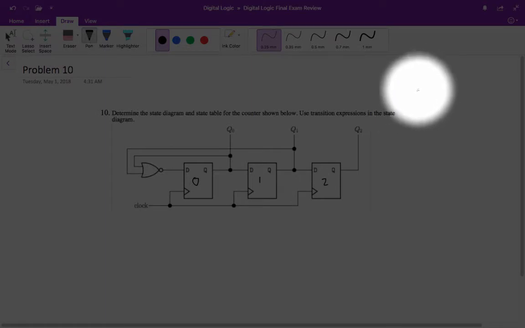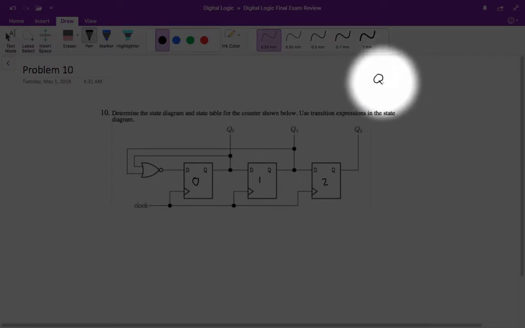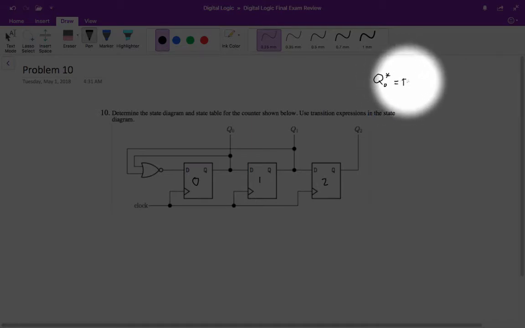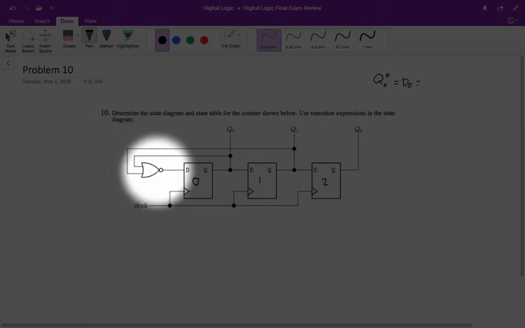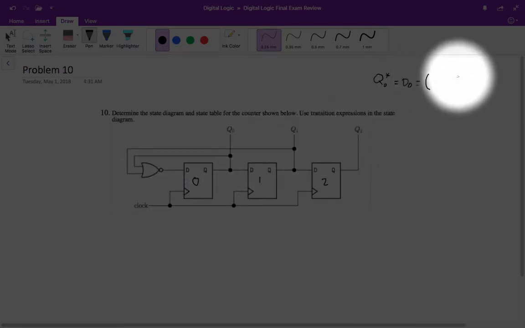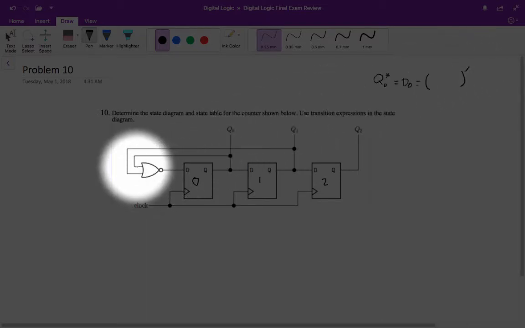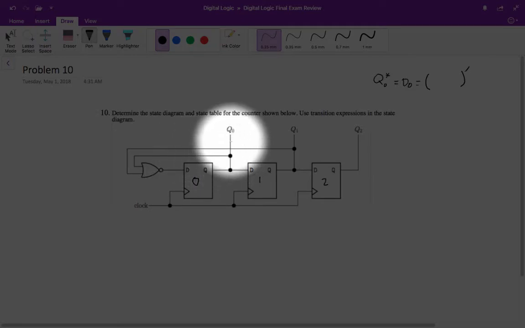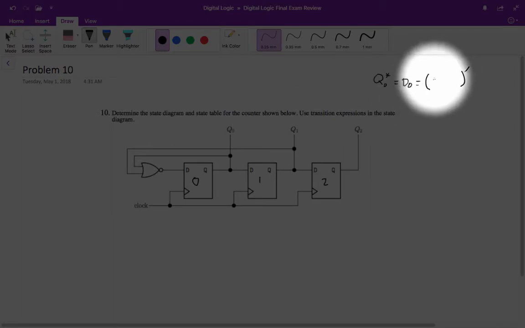And let's figure out Q0 star. Well, that will equal D0. And D0, if we look at the input, is the not of the OR of Q0 and Q1.